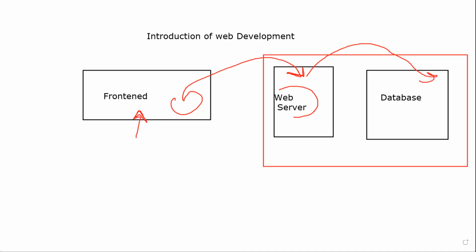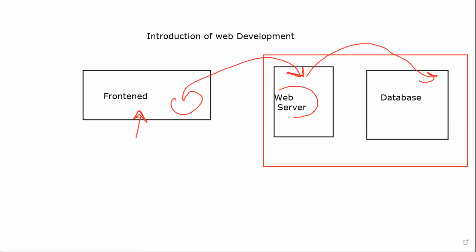Now I am searching for Superman. Basically, this is my query, and I want to make a request to the server. I'm making a request to the server that I want to see Superman.